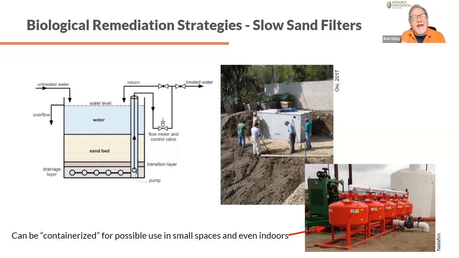It also has the ability to be done in containers, like you see these red ones here. That means it could be done inside. So this might be a solution for indoor farms to have a biological remediation system without having to have it outside. The other picture is them installing a slow sand filter in what's essentially a septic tank. They're using the concrete bunker from a septic tank. Next slide, please.